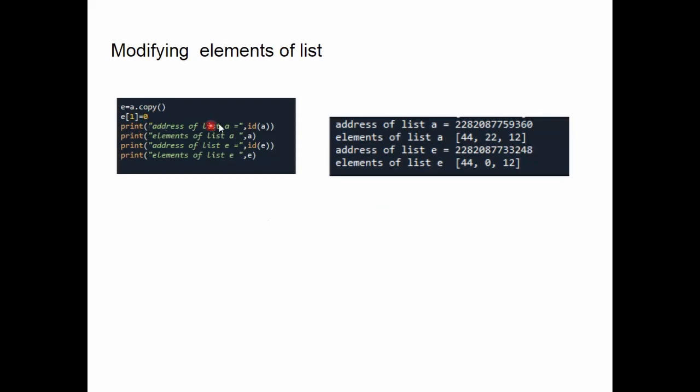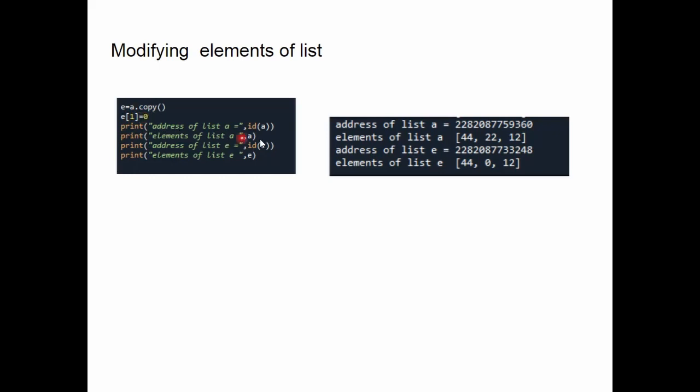So this is the address of list A here, and because of E is equal to A dot copy, E has a different address and A has a different address. Because of the statement B is equal to A, A and B both have the same address. Now E has a different address and A has a different address. So if E changes its elements, it is not going to change the elements of A.